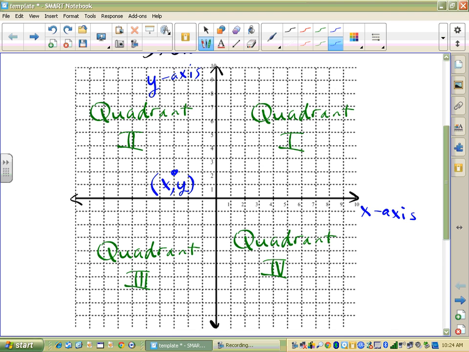Now, let's think about the number line. Along the x-axis, here's 0, here's -1, here's -2, here's -3. So we go 3 units across from there. The x-coordinate of that particular point is -3.